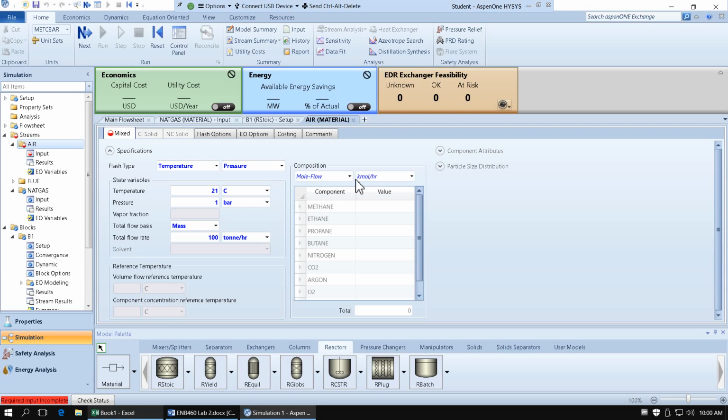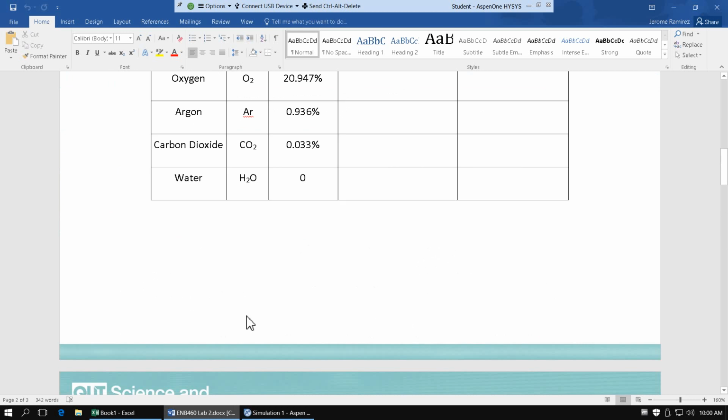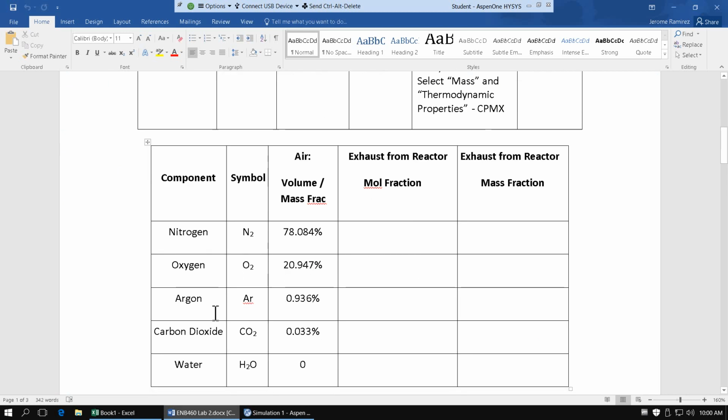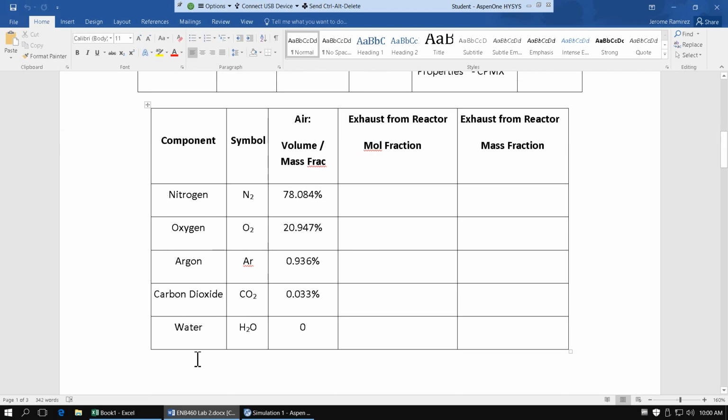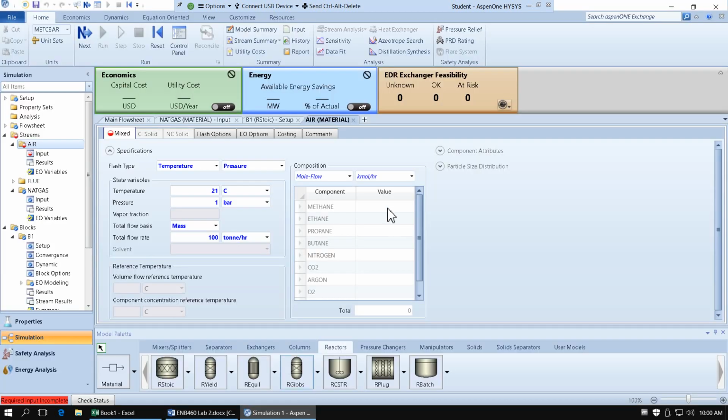So for air, we are given the mass fraction of the components here. So just go mass frac. And we have nitrogen, which is 78.084%.